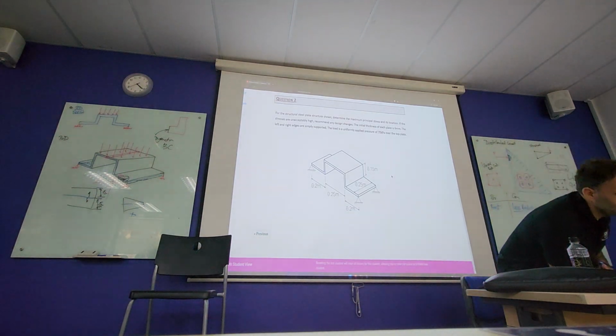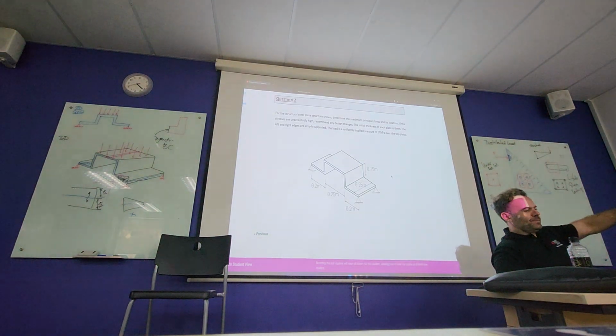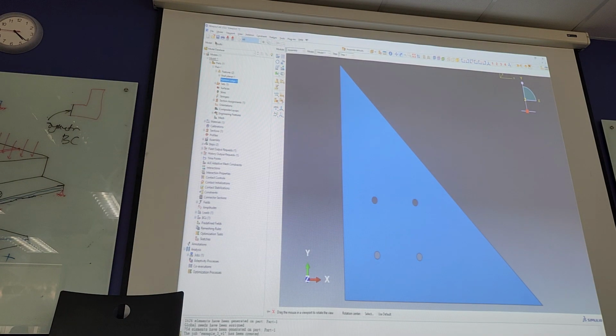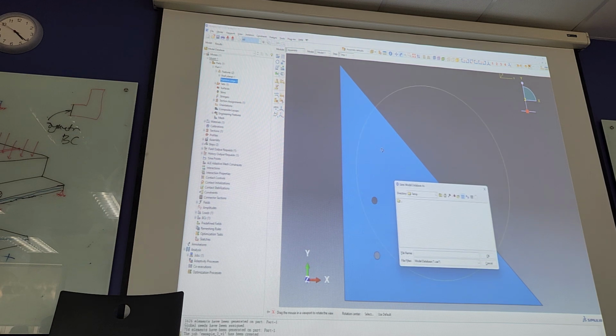So let us do that in Abaqus. The section is symmetric, but the applied load is not symmetric, so you cannot use that. If the load is, well, yeah.